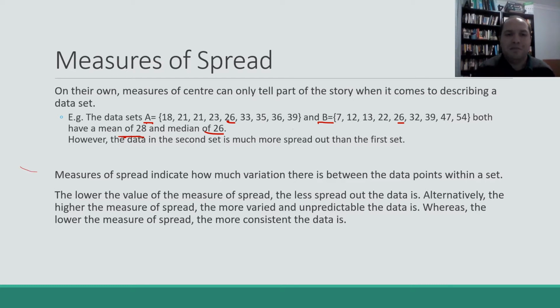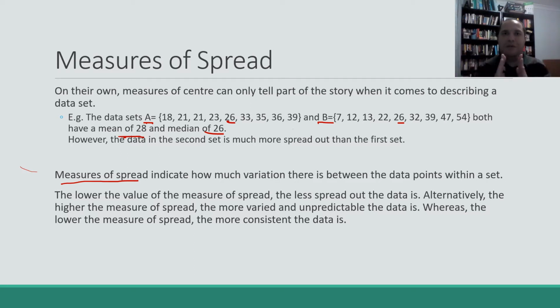So measures of spread indicate how much variation or how much spread there is between the data points in the set. The lower the value of this measure of spread, the less spread out the data is. Or to put that another way, the higher the value of your measure of spread, the more spread out, the more varied, the more unpredictable your data is.